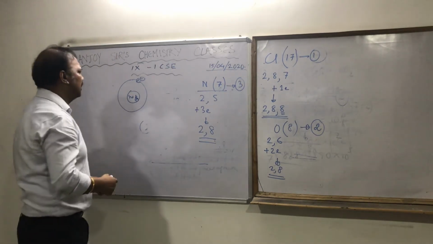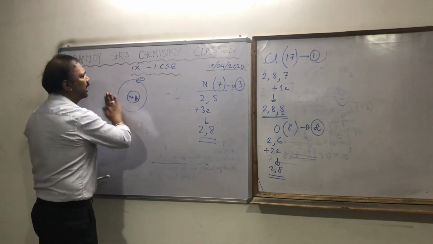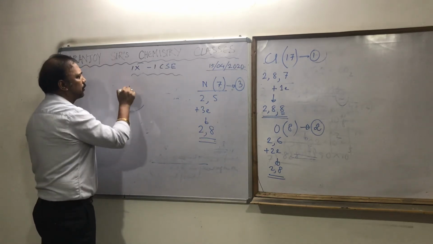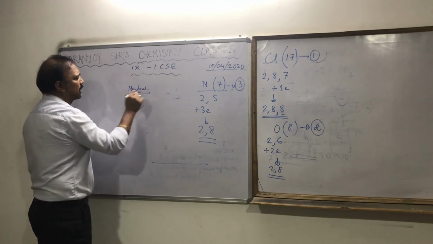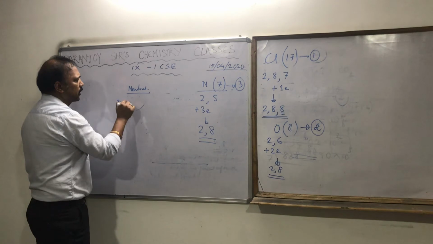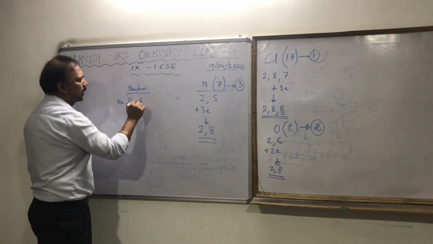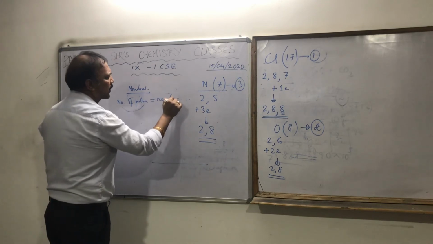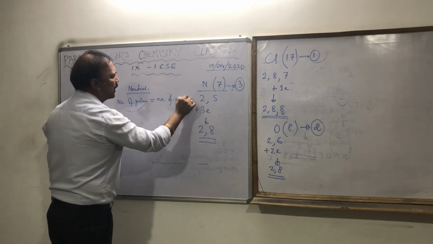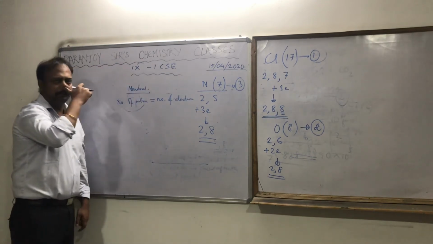Now in general, an atom is neutral. Why neutral, you know? Because the number of protons and number of electrons are same in an atom.